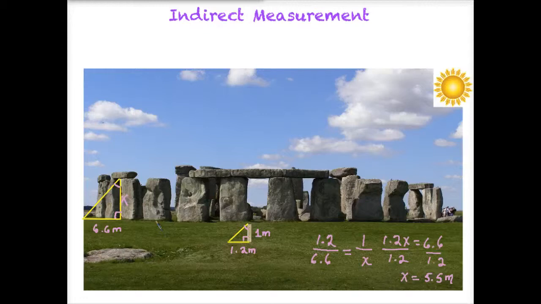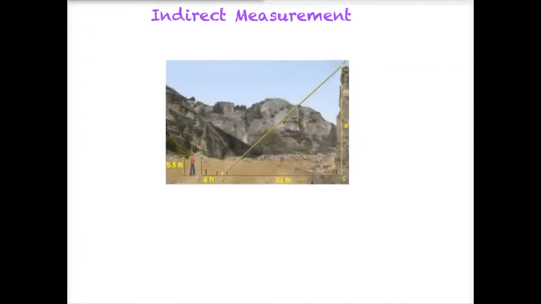Let's look at one more example. In this example, we're going to look at a little bit of a different technique. Here we want to find the height of this canyon or this wall, and we have a person standing here who's 5'5". Now, what we have in the middle right here is a mirror.